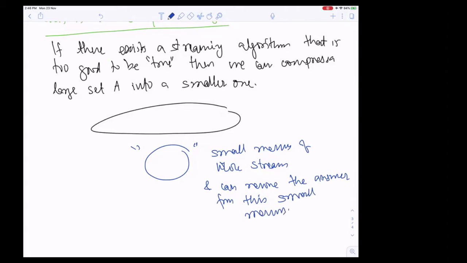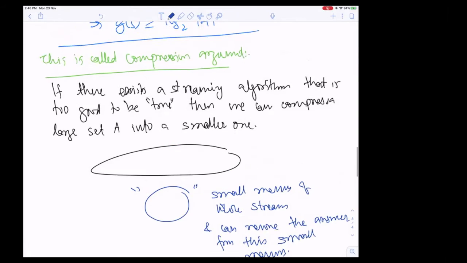So in some sense, streaming algorithms are by nature compression algorithms. It compresses big data into small data and is able to retrieve the answer from that data. So it is natural that if we would like to have a lower bound, then we should be able to exhibit a set A for which our algorithm cannot compress, right? And hence come up with a lower bound. Okay, so is the overall scheme clear?